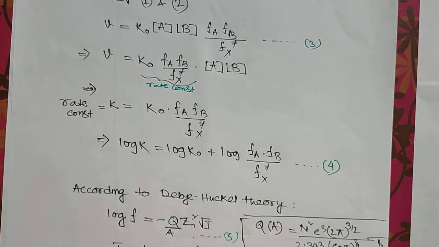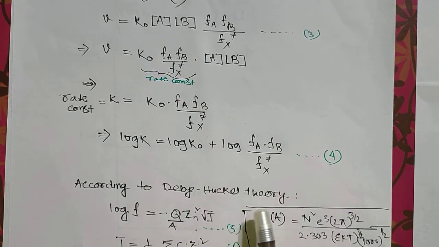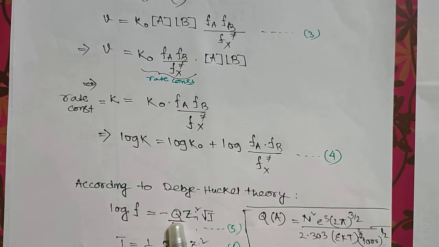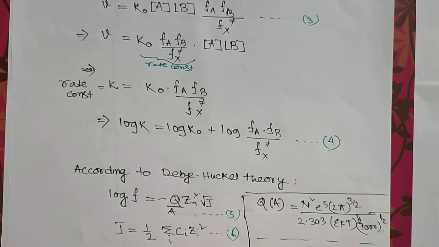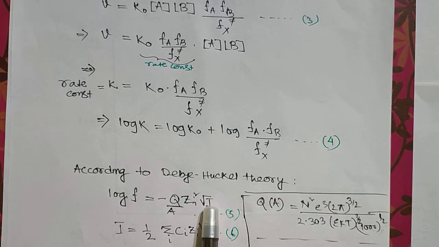Again, according to the Debye-Hückel theory, log of the activity coefficient equals minus A Zi squared square root of I. This is the activity coefficient, and I is the ionic strength.